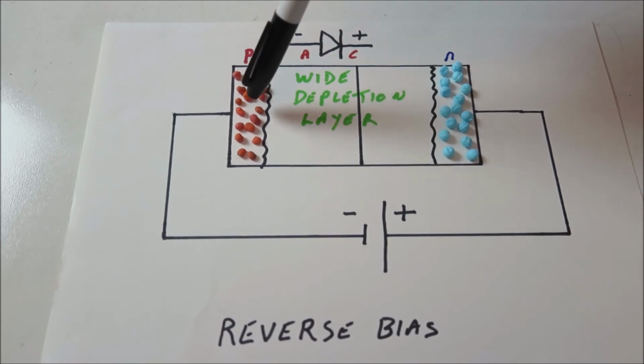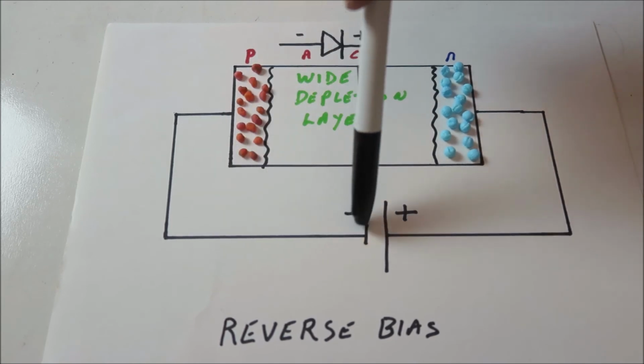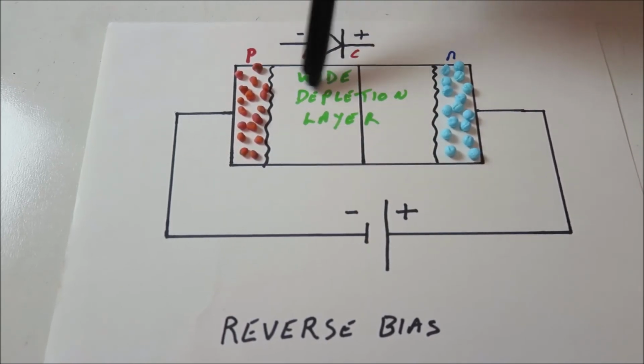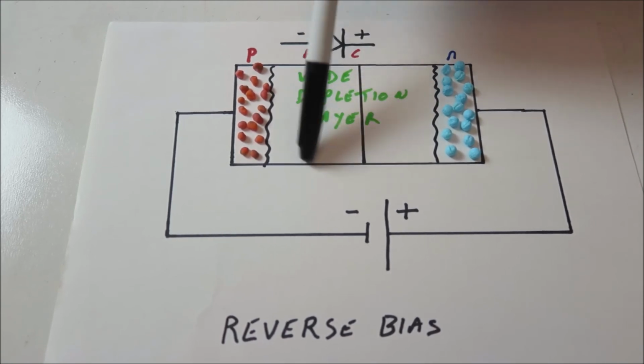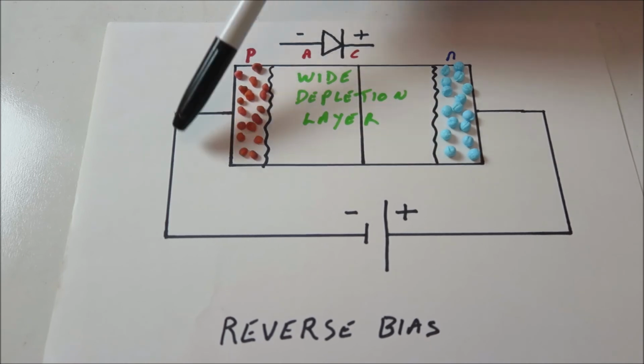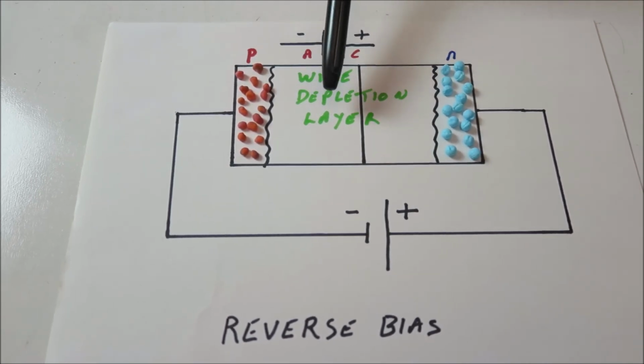The positive holes are attracted towards the negative of the power supply. So you get a very wide depletion layer or very wide depletion zone. There are no charge carriers in there, and so you get no current flow. That is acting as a valve now, preventing current flow.